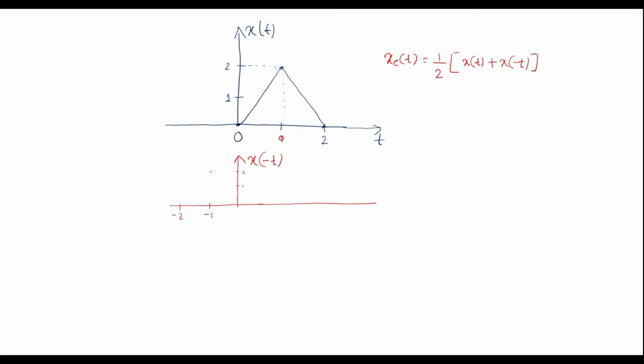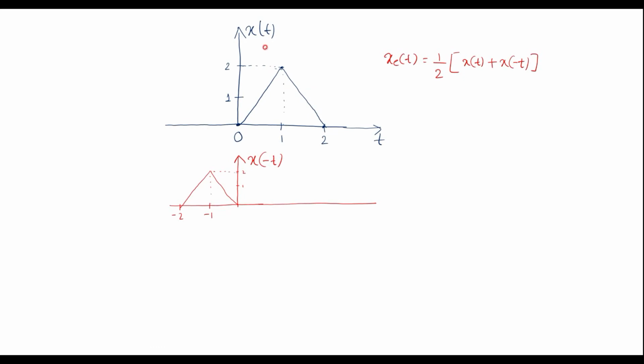Here t equal to 1 will become minus 1, and t equal to 2 will become minus 2. The same thing will appear on the left side. So this is the x of minus t signal.